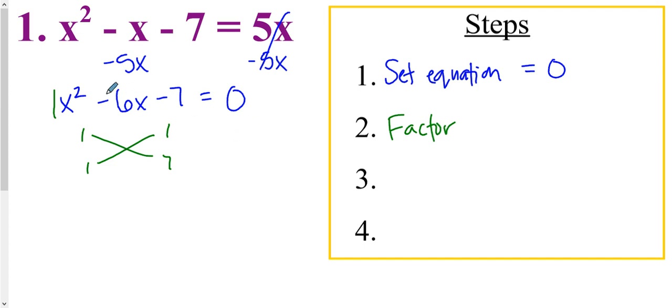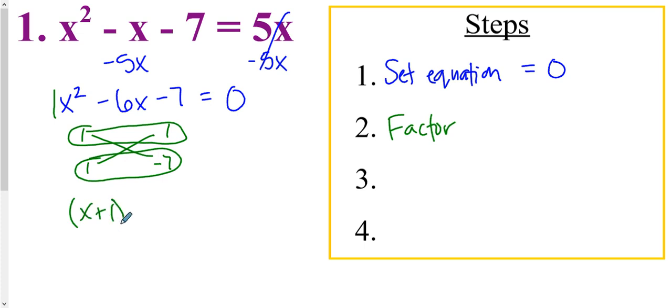And then I need negative 6. So because I need negative 6, my bigger number 7 needs to be negative. Positive 1 minus 7 gives me negative 6. Whenever we write our answers with bow tie, we write them straight across. So I should have x plus 1 and x minus 7, and then we still equal 0.